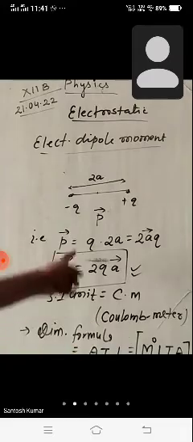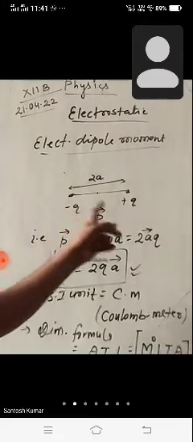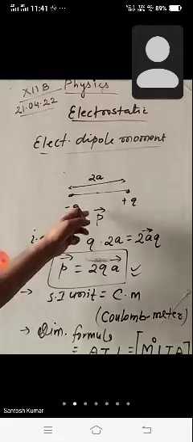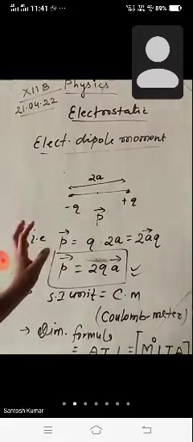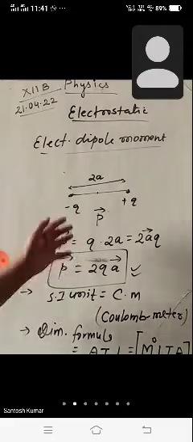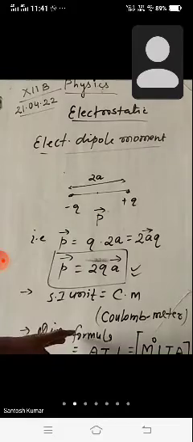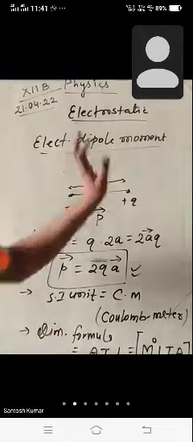It is a vector quantity, which we have already shown through the arrow. So this is the initial knowledge regarding the electric dipole moment.